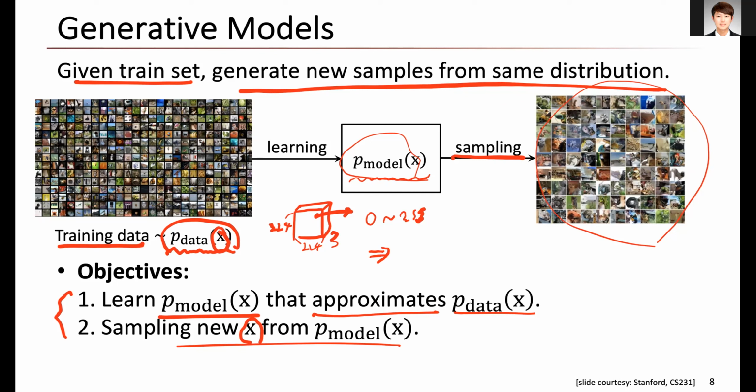So 24 by 24 by 3, and each pixel can have a value from 0 to 255, right? In this case, how many kinds of images are possible?